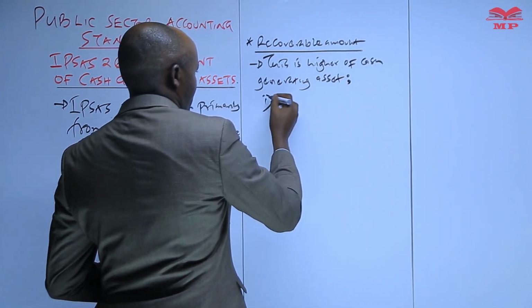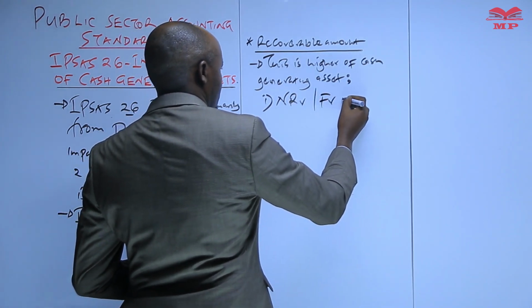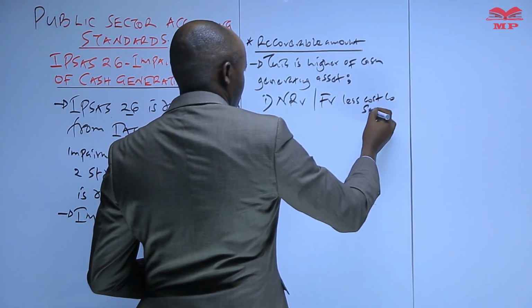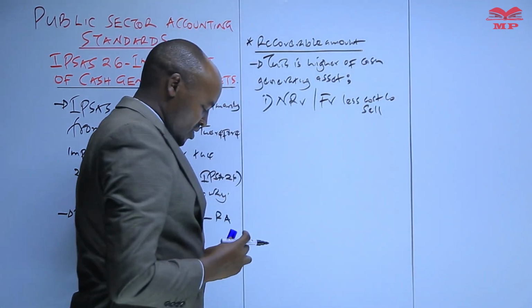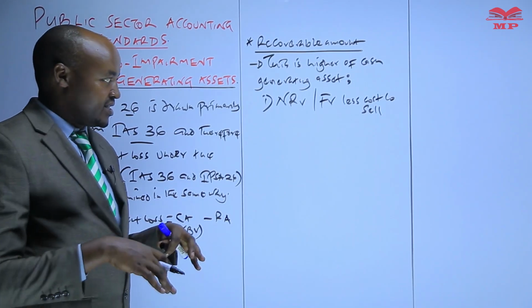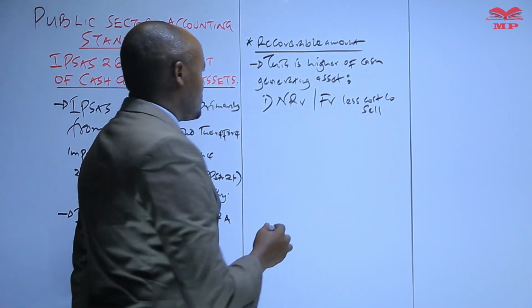Number one, net realizable value, or the fair value less cost to sell. So basically this is the amount the entity will get after selling the asset currently minus the cost which will be incurred in selling that particular asset.